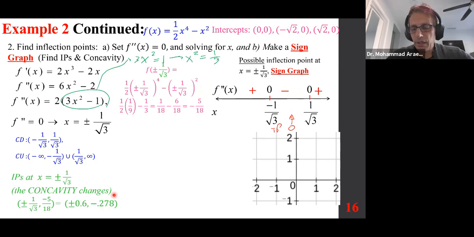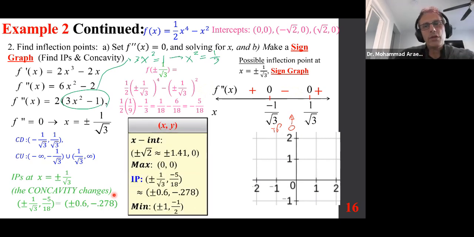Let's write the summary, everybody. Okay, so the x-intercepts at plus minus square root of 2, and remember, square root of 2 is about 1.410. Maximum occurs at 0, 0. IP location as such, and the minimum occurs at plus minus 1, negative 1/2. So let's plot the pairs, okay? This is negative 1.410. Now we're going to put 1.410 here.